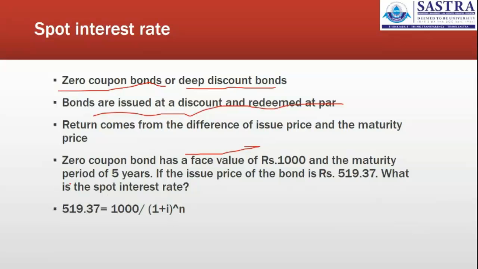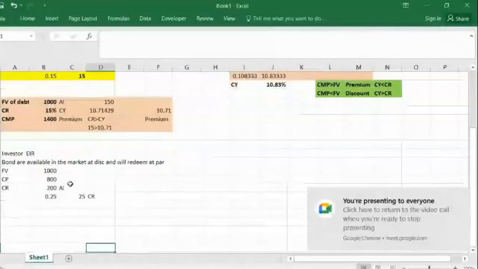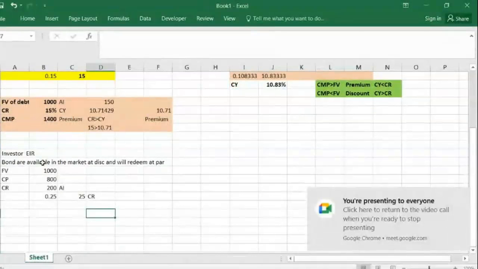So what exactly are the values given? We can take here the same example.